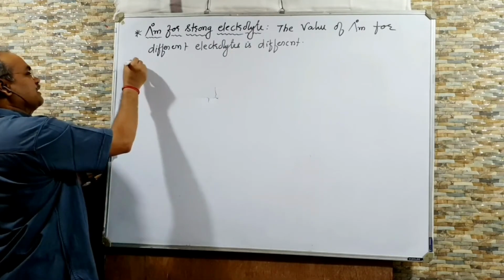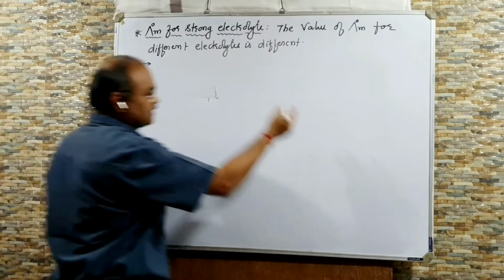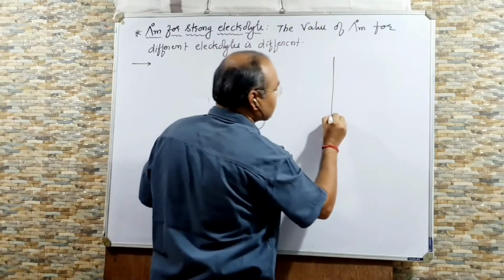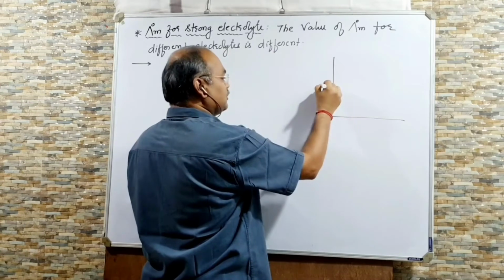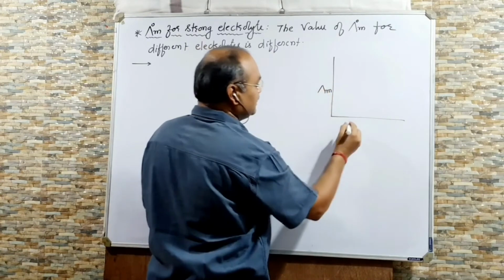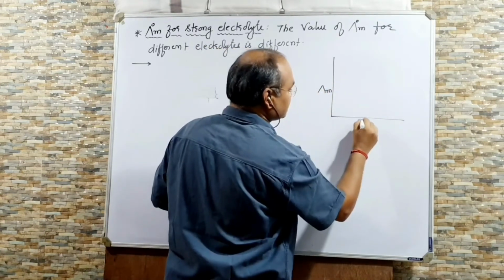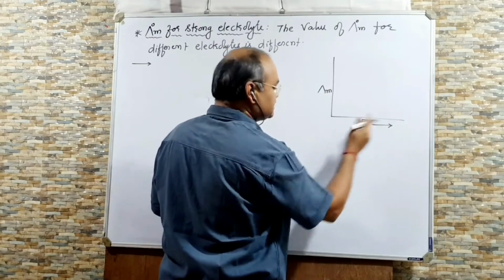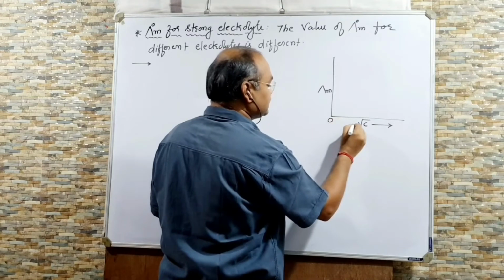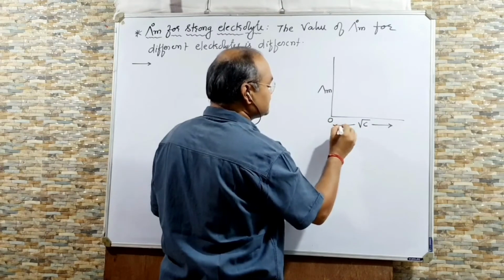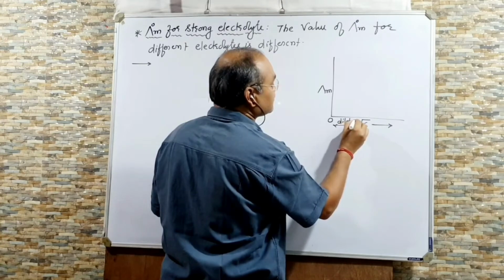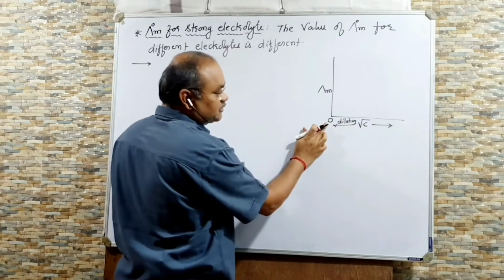Now I am plotting a graph of lambda m versus square root of concentration. Concentration on this side increases, here it is 0, on this side it decreases, meaning you are diluting, and finally it becomes 0.